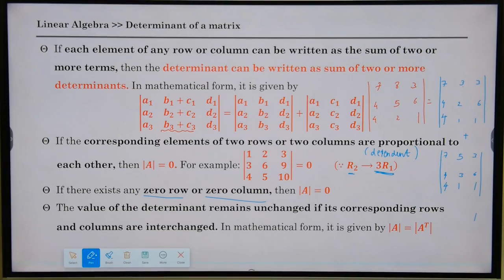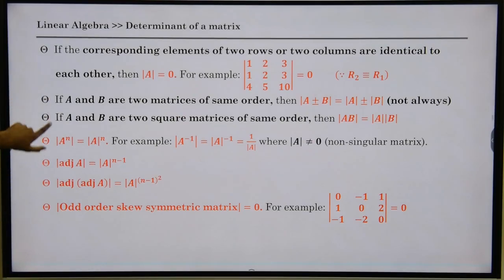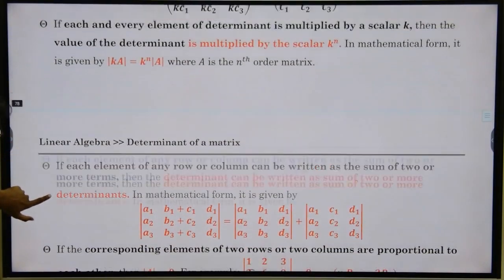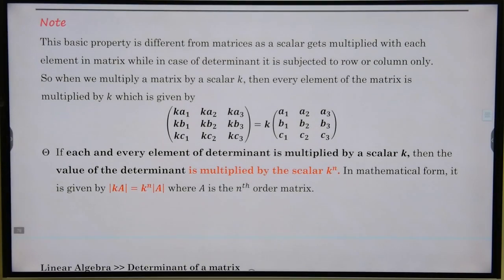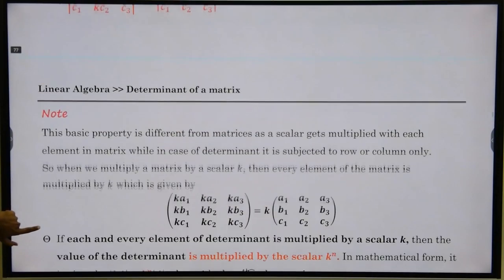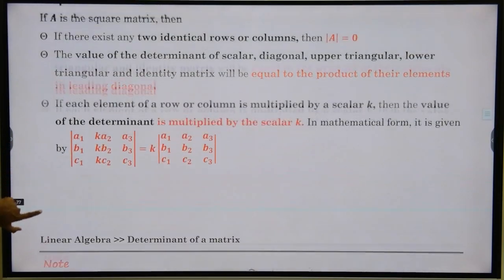Okay, this one. See, this property alone you leave it. The other properties you have to write. First 3 properties write down. Fourth property I will say. This property I will tell you, apart from this, you have to write everything else. See, this property is already explained, it's repeating. The property that if rows are identical then determinant is 0, we have already written, right?